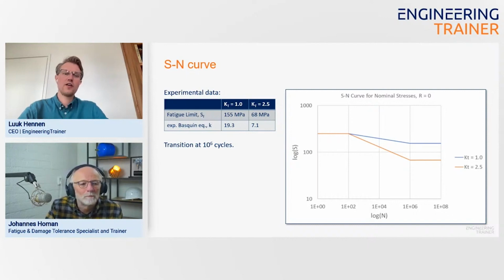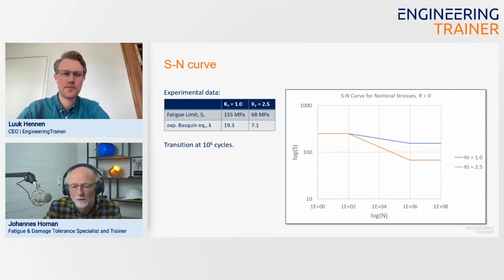Yeah, and are they always known? For example, is test data for KT 2.5 or any other KT value typically available? In the public domain, you mainly find data for KT1, so on unnotched specimens. Sometimes company data is available, sometimes it's not.